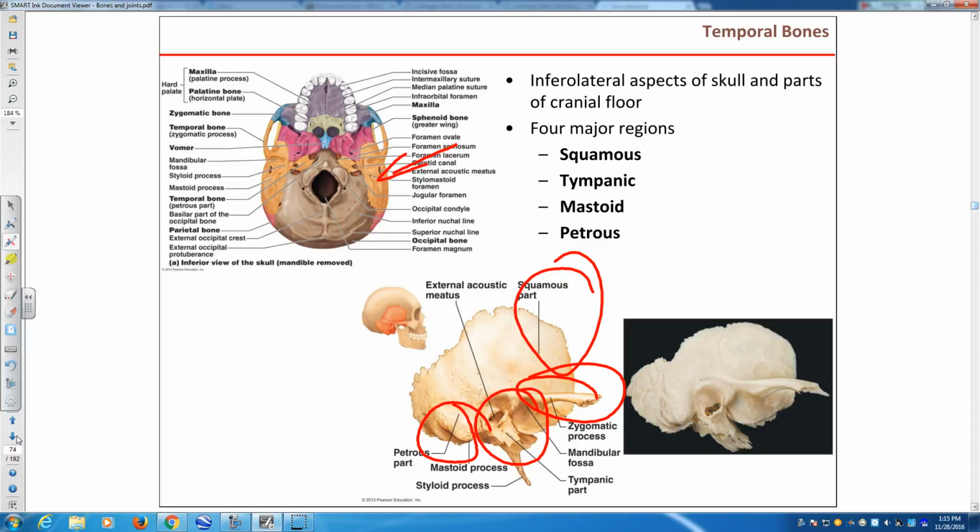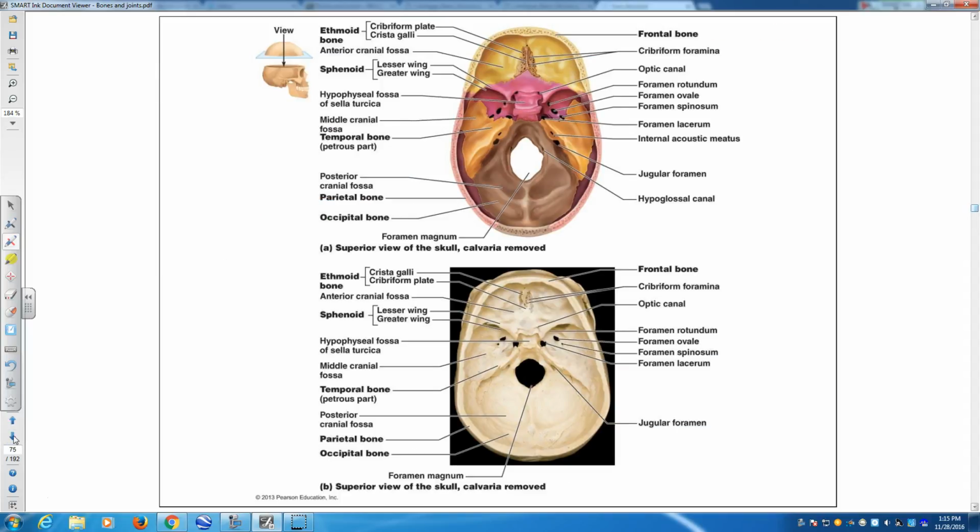Now, this picture shows you the three cranial fossae: the anterior, the middle, and the posterior cranial fossa. You can see it here as well, the ones we just discussed during the last class.